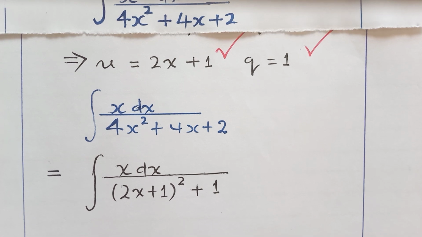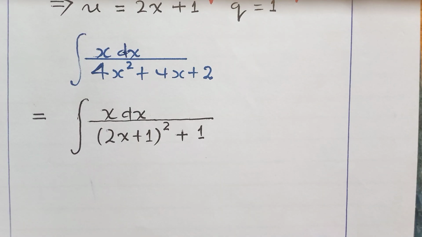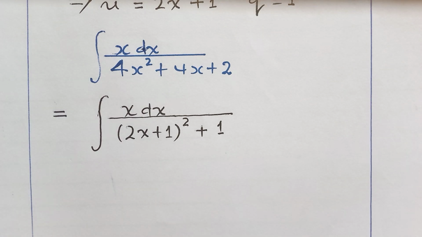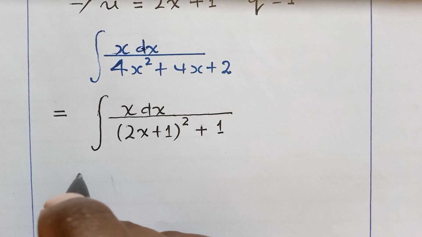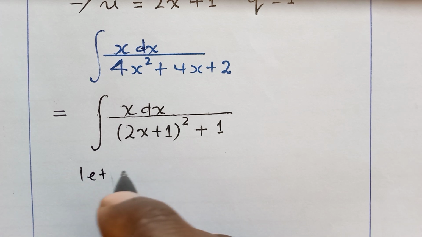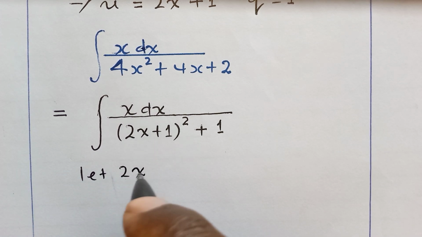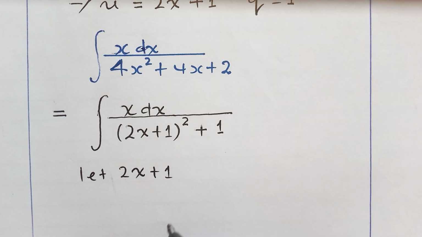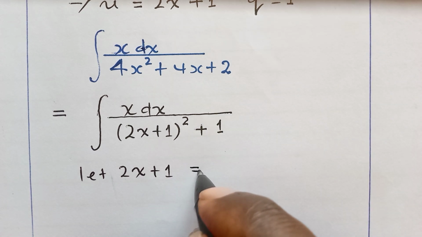From there, we now perform the integration, and this is how we do it. We say let 2x plus 1 be equal to tan u.